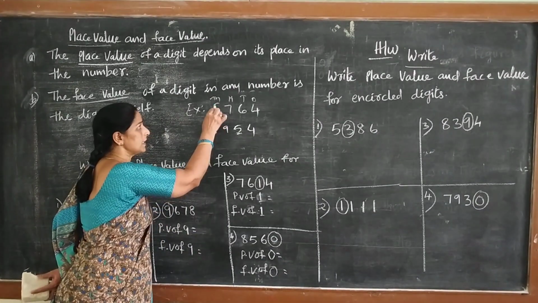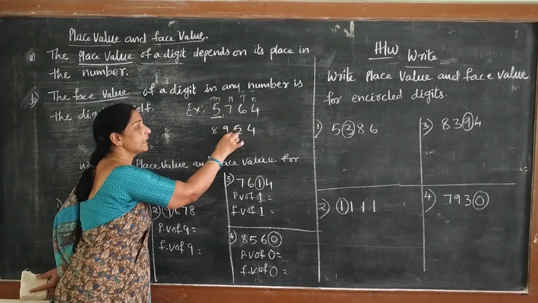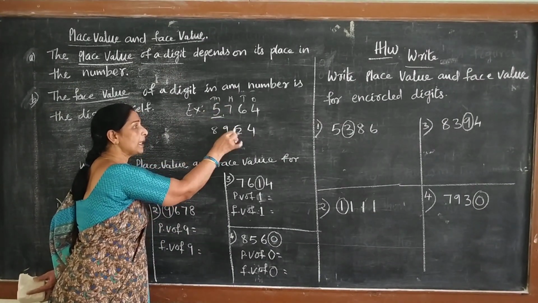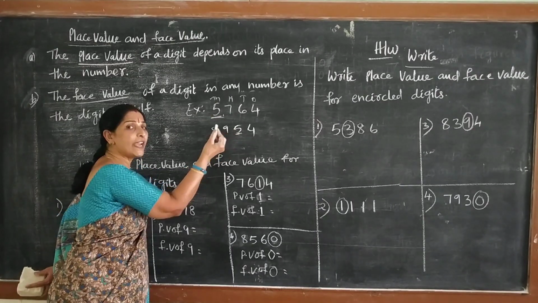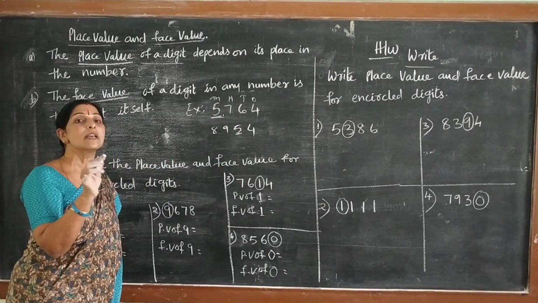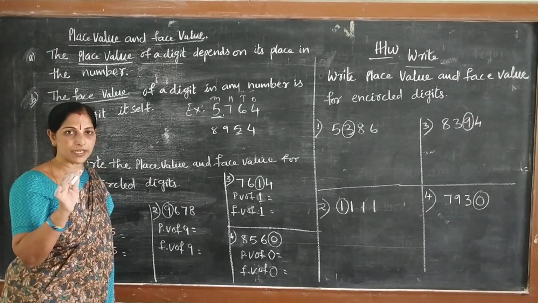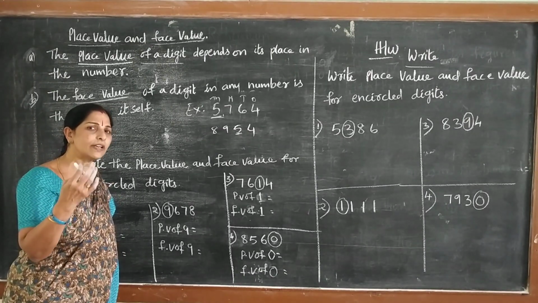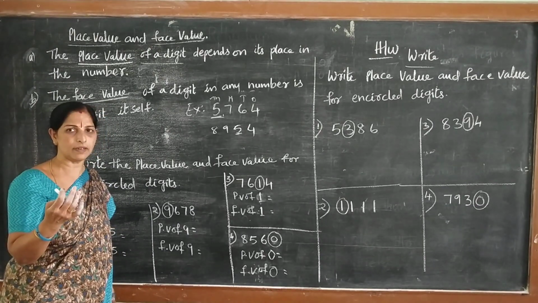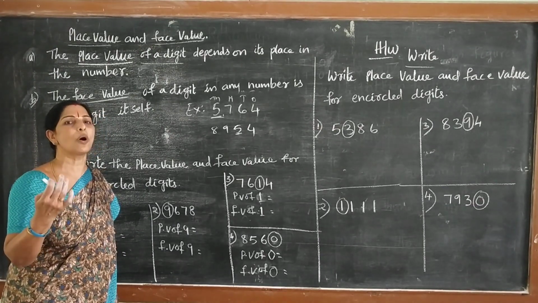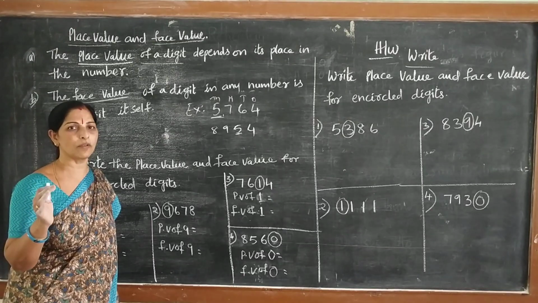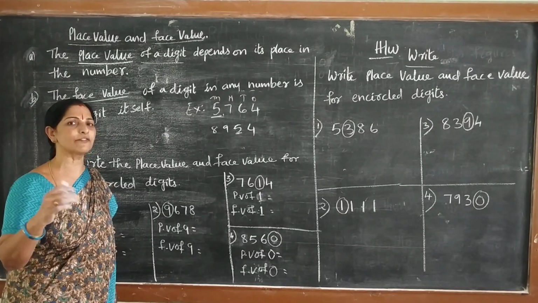Here this 5 is in thousands place, here it is in tens place. But in both the places, the face of the digit is as it is. Wherever the digit is in the number, its face value is always the same. Always itself. Itself means it will be the same.